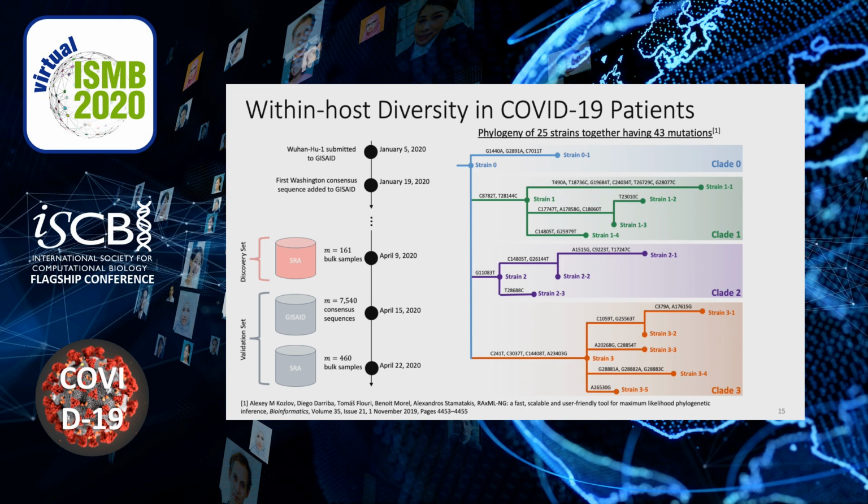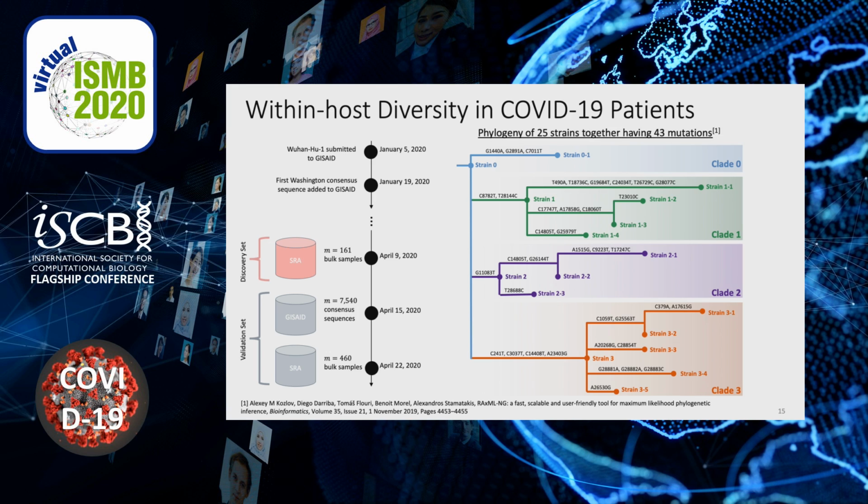We can then use RAxML to construct a phylogeny on the 25 inferred strains that together have 43 mutations. We classify these strains into 4 distinct clades, and for the remainder of the talk, I will talk about the different properties of these clades that we were able to find.